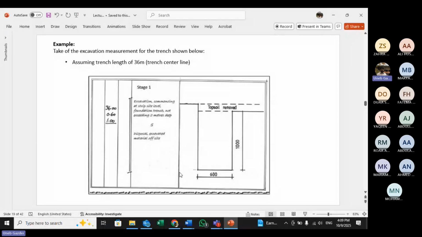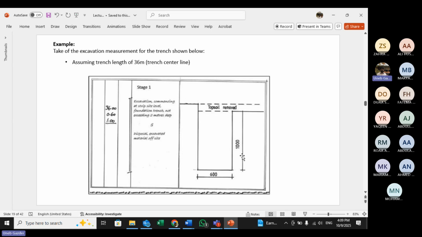So for example, now this is an example for a trench foundation. Okay. So we are doing the excavation measurement for the trench, which is shown below. So the trench has a height of 1000, the depth of 1000 and the width of 600.